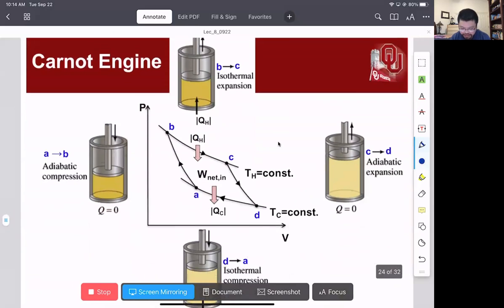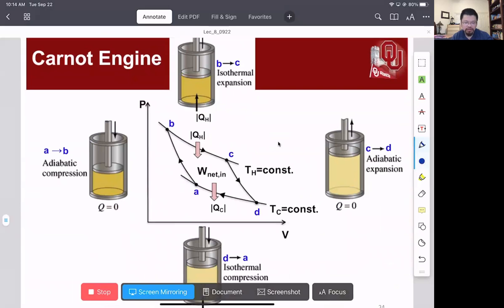So now let's come back again to the Carnot engine. Like I said, I could not read his mind, nor know how many other designs he had tried in order to come up with this perfect solution.